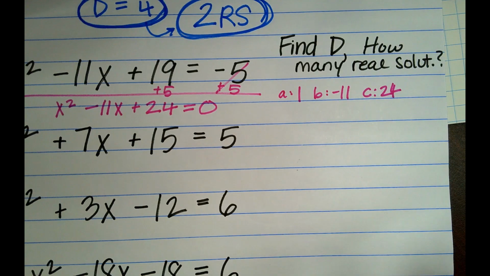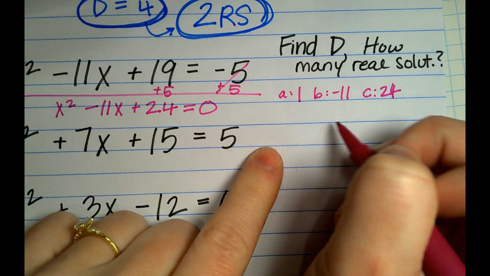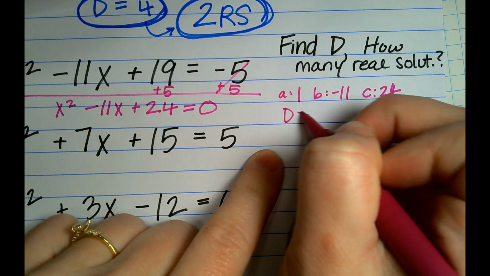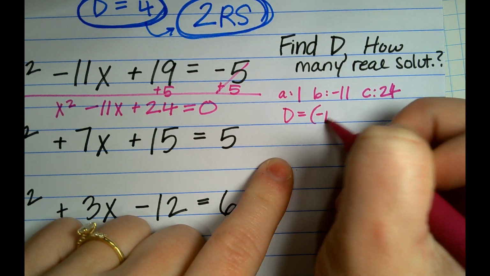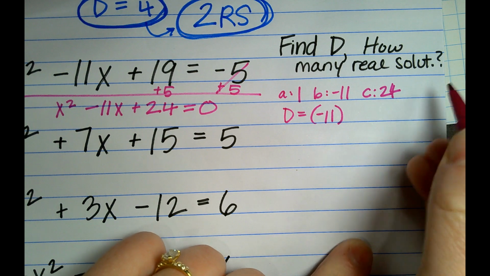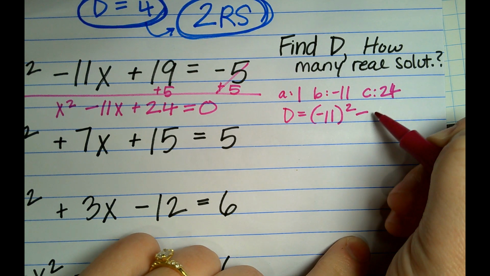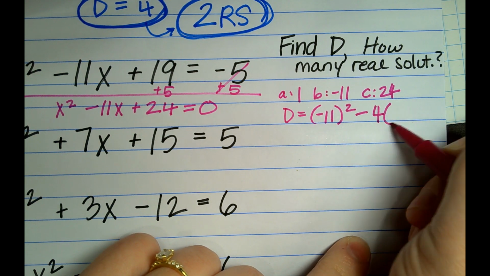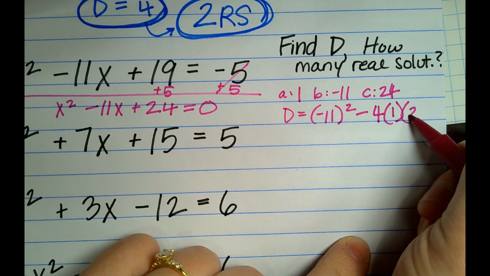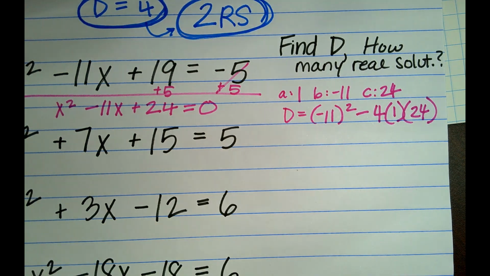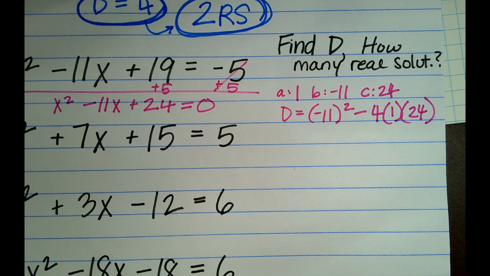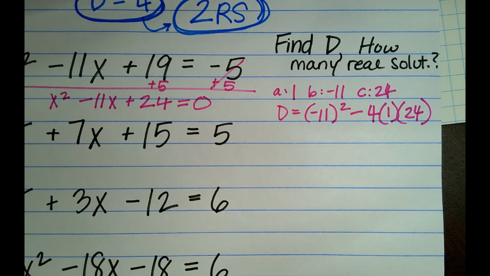Okay, so where did you go from here? So from there I started using the formula, and then I made it negative 11 squared minus 4 times 1 times 24. Okay, perfect. Negative 11 squared minus 4 times 1 times 24. And what did you do next?